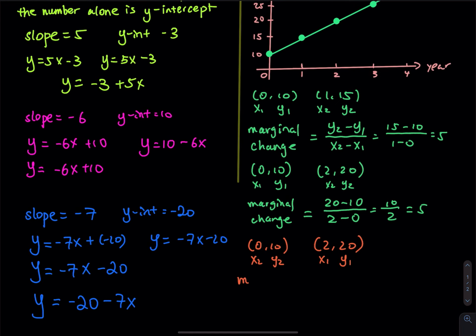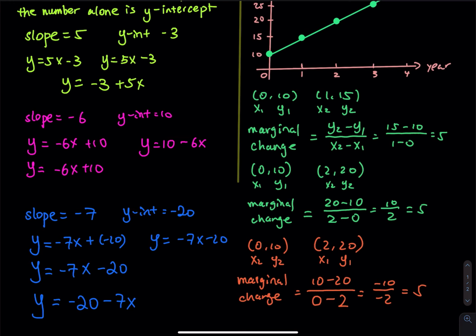So the marginal change is equal to y2 minus y1, 10 minus 20. But you say, okay, that would be a negative then. Don't worry about it. Let's take a look at the x as well, divided by x2 minus x1. So you have negative 10 divided by negative 2, which is equal to 5. So 5 means you get an additional $5 per year.